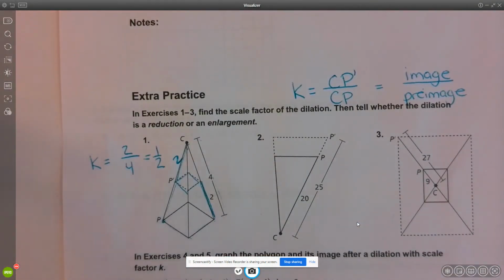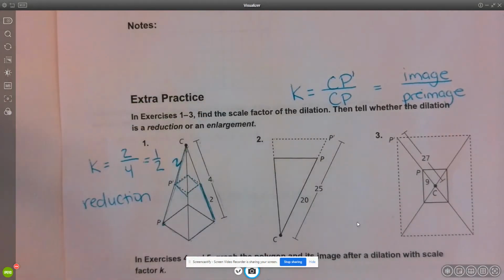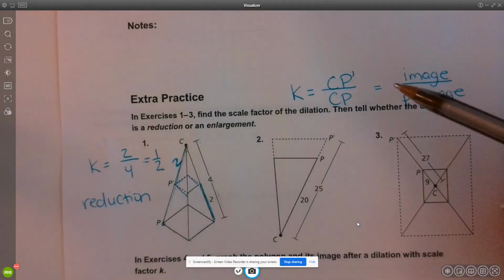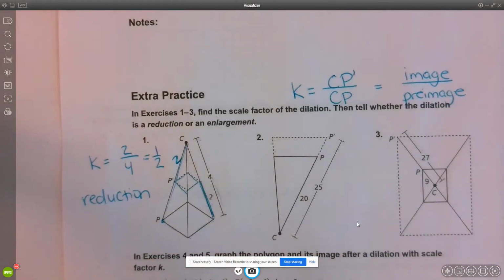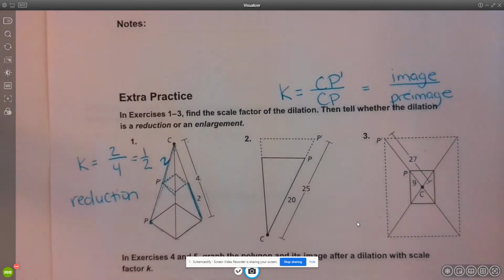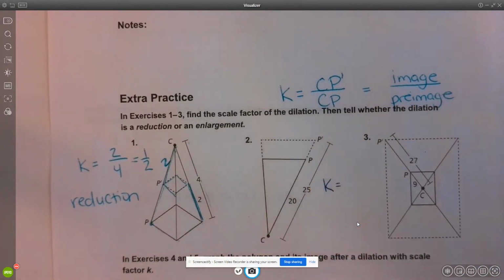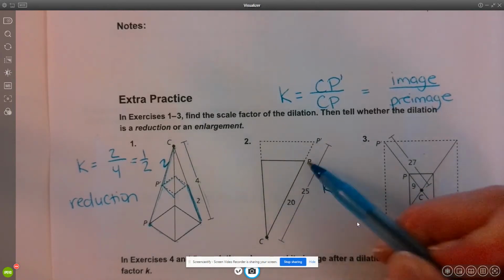And what this tells me is I have a reduction because my scale factor is a fraction less than 1. And it makes sense because I can tell that my figure got smaller after the dilation. In number 2, we're going to find the scale factor doing the same thing. So first I need to find the distance from C to P prime. That's the distance from the center of dilation to the image, so 25.